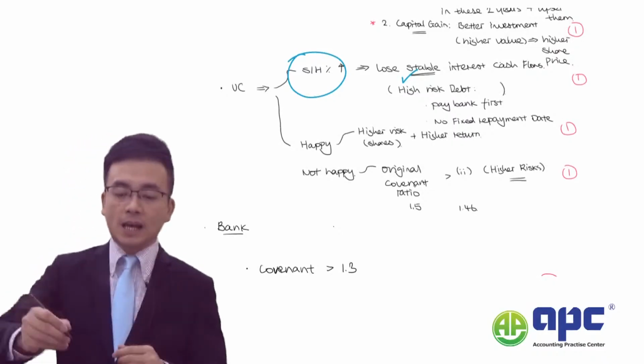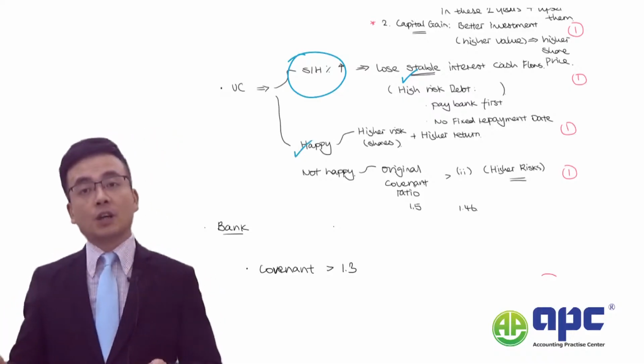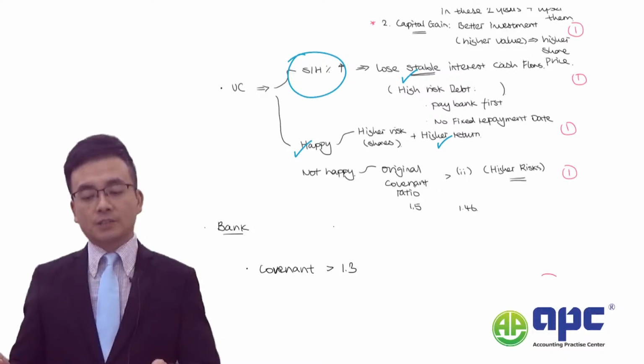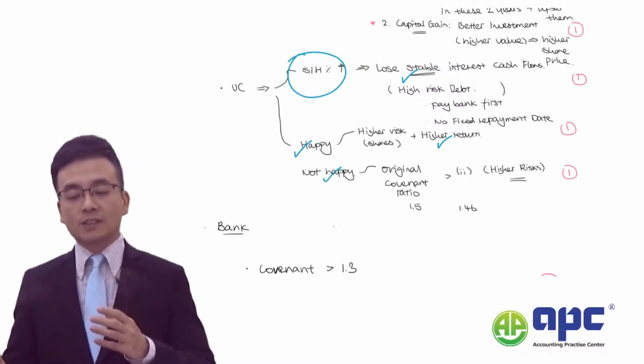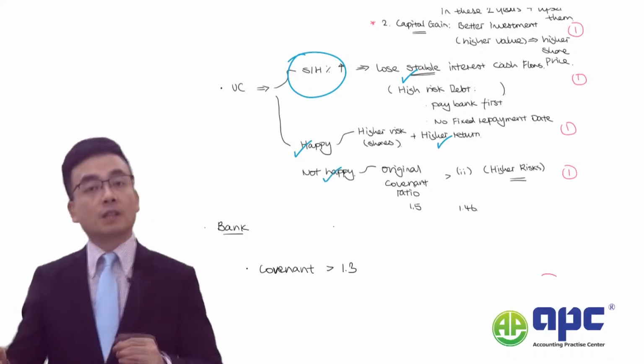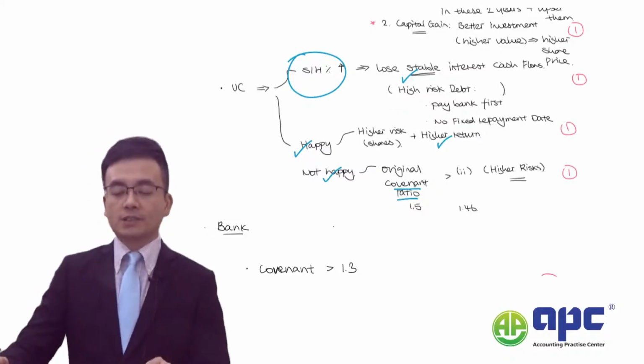But perhaps they're happy, all right, because they can demand higher return in the form of higher dividends paid to them. Perhaps they're not happy because, as you can see, when we talk about the covenant ratio, it may imply high risks.